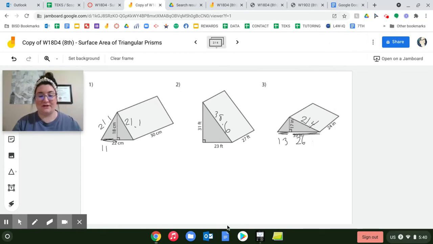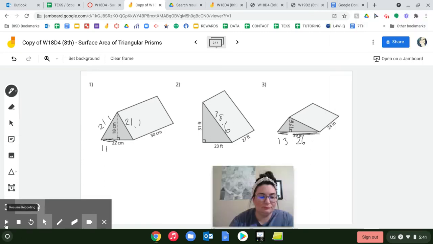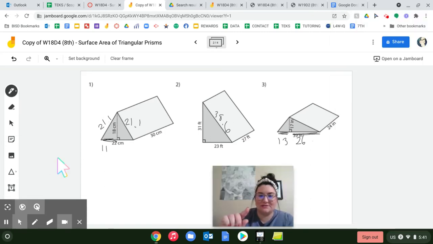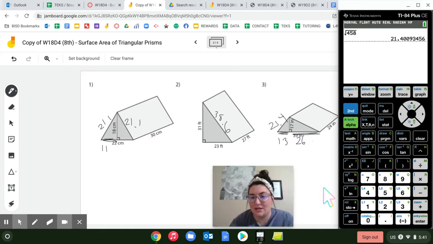That was just to find that. All right, guys, I made a mistake there just for a second. That's why I had to pause and come back. Our 21.4 is for this triangle right here. I knew that that wasn't right because 21 can't be the longest side here. We have a 26, so I knew something was funky.